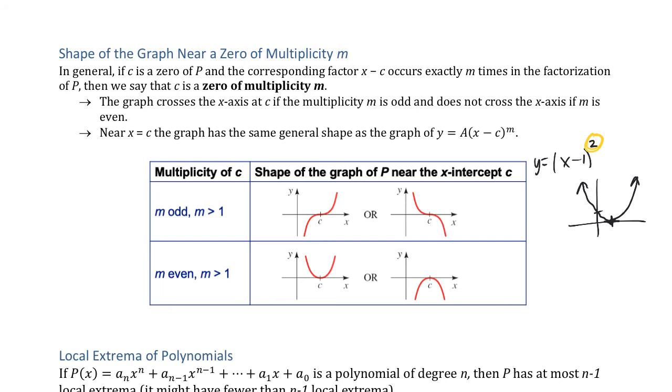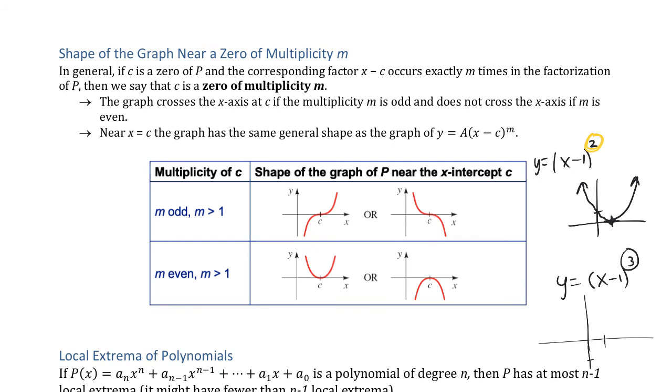Okay, so what does that mean? That means that basically that factor, x minus 1, has an even degree. I'll show you some examples to help you. If we had something like y equals x minus 1 quantity cubed, then because this is odd, it's going to cross instead of just touch.